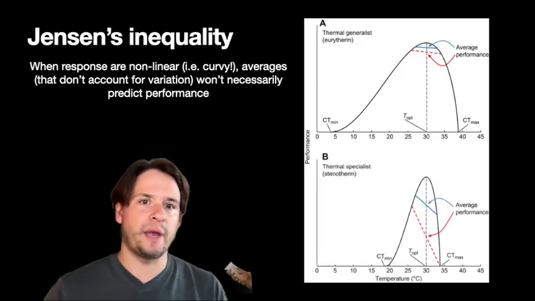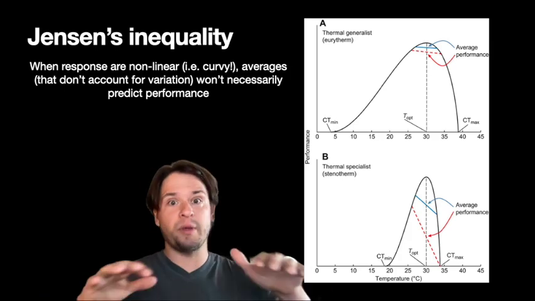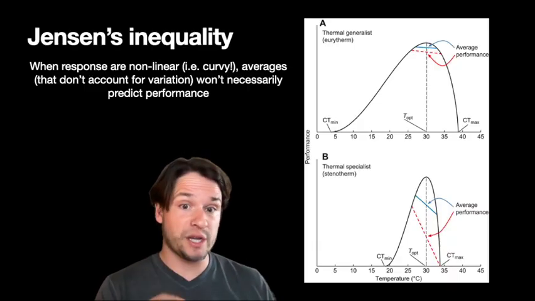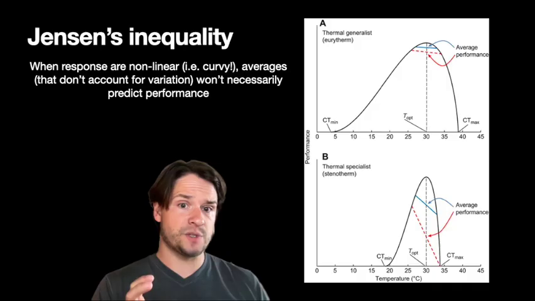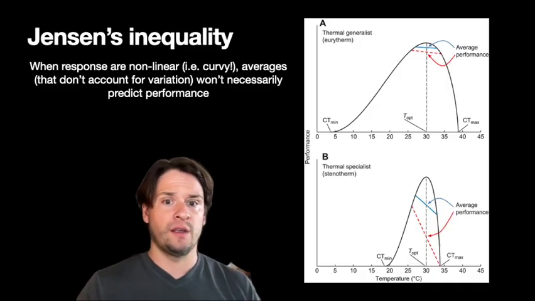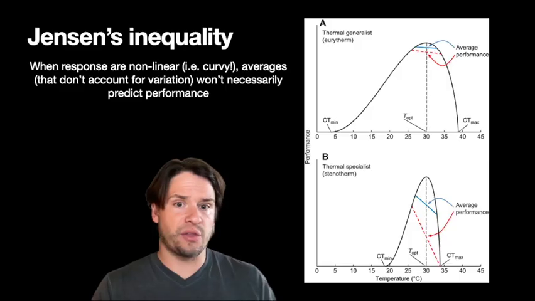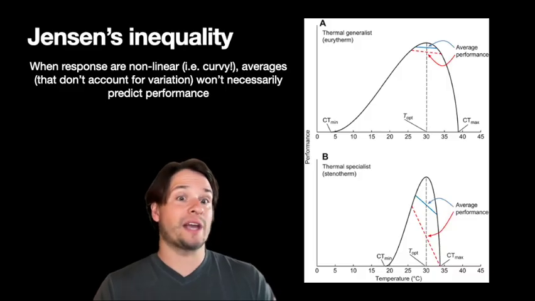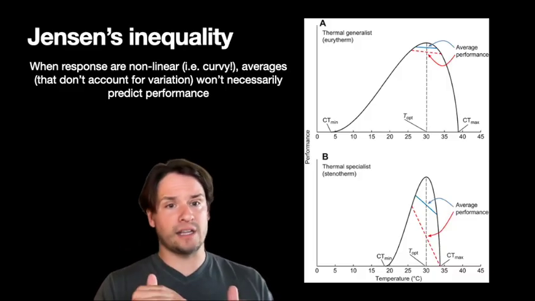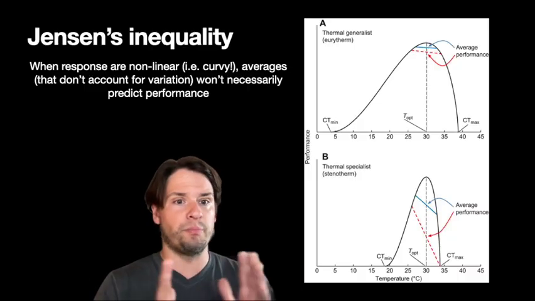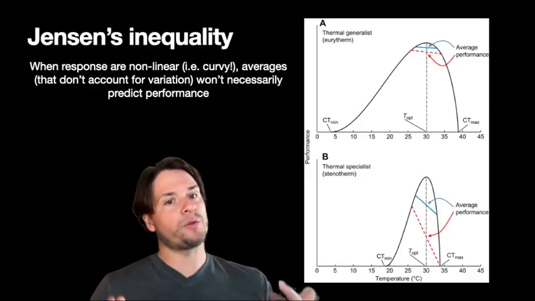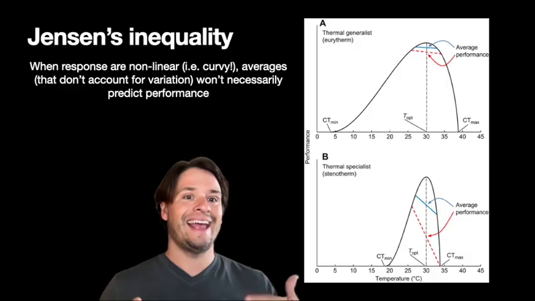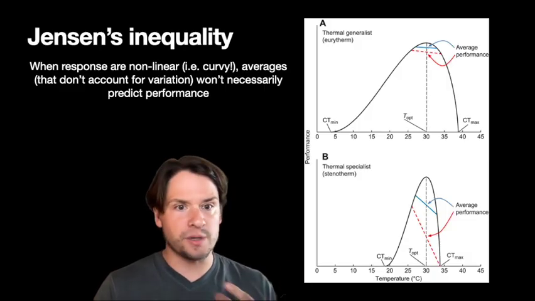So for example, if we compare a curve like this that is a bit flatter and maybe more of a generalist to a species that might be more of a thermal specialist, that same difference, so looking at an organism that is always at 30 degrees C versus spending half its time at 25 and 35 degrees C, you can expect really dramatic declines in predicted performance just by that simple averaging. So the overall takeaway of Jensen's inequality is that when we have nonlinear or curvy responses, averages of conditions don't actually predict performance.